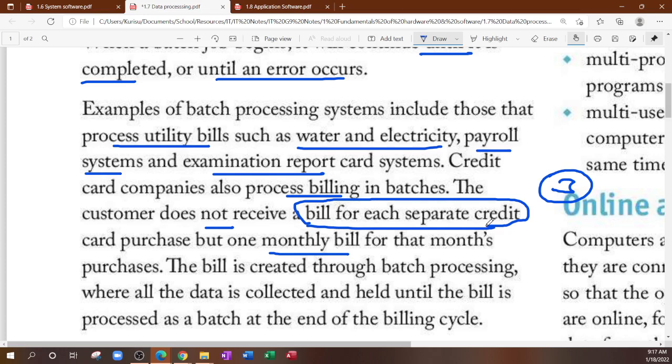The company doesn't send out a bill for each day that they made a purchase. Rather, they group all of those purchases into one monthly bill. By grouping all of that data together, they process it as one large piece of data. And after they finish processing it, they send it out as one bill, instead of sending out multiple small bills.